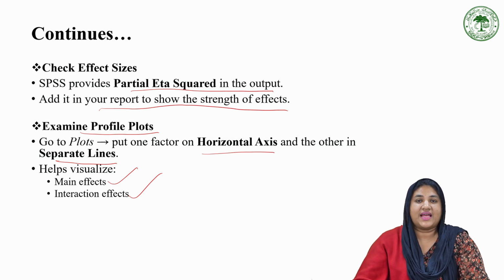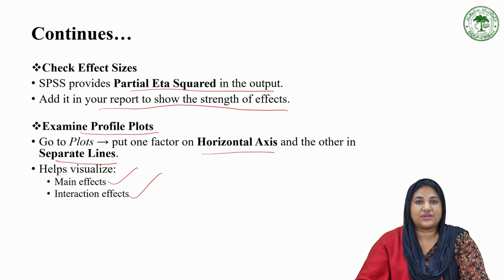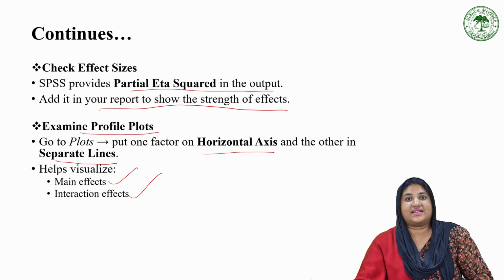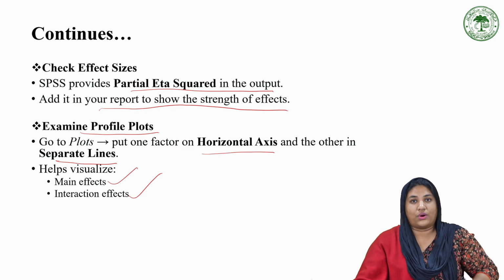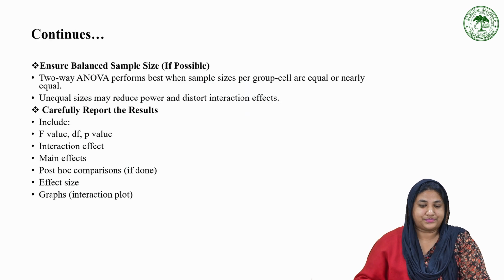Just like I have explained, the males who went through the method of activity gave the better performance. Such interaction effects and main effects can be very easily visualized with the help of plots.